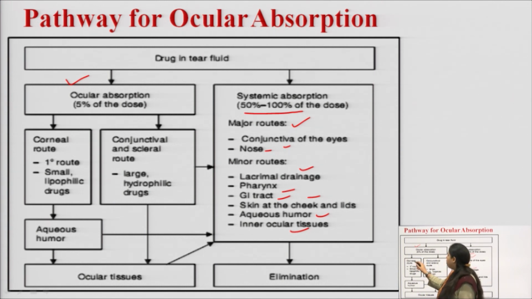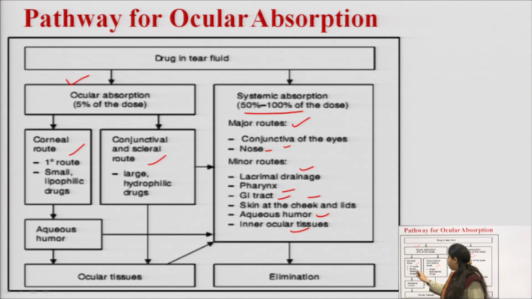And for ocular absorption, what are the routes responsible? Corneal, conjunctival and scleral routes. Through the corneal route, small lipophilic drugs can be absorbed, whereas through the conjunctiva and sclera, large hydrophilic drugs can be absorbed.